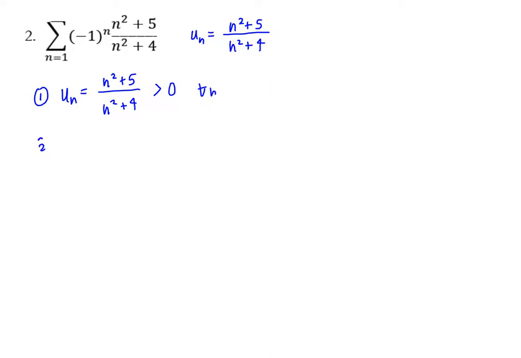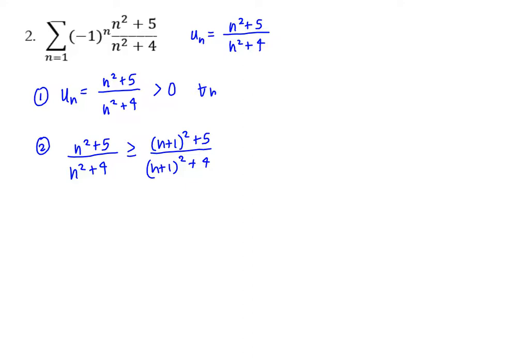Number 2. Are these terms eventually non-increasing? Is n squared plus 5 over n squared plus 4 greater than or equal to (n plus 1) squared plus 5 over (n plus 1) squared plus 4? This one becomes quite a bit of algebra.